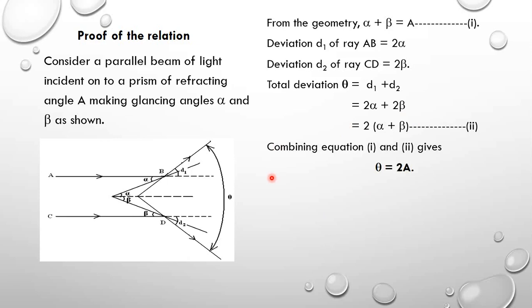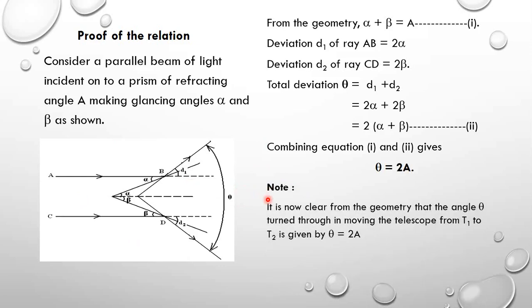So we have noted that theta is 2A, and we can make A the subject and get A as theta divided by 2. Hence we have shown that the angle of the prism is half this angle theta.